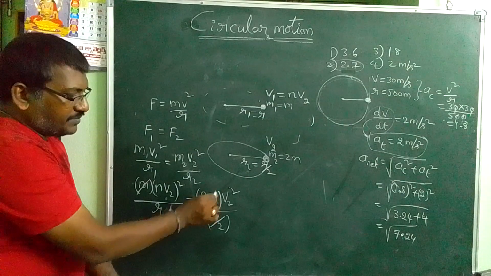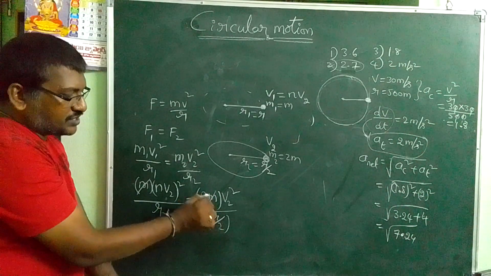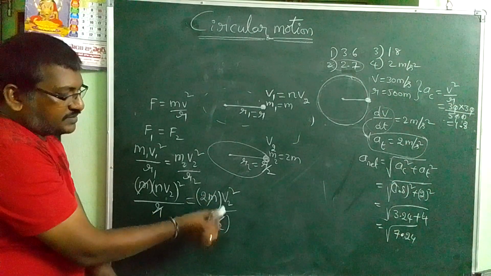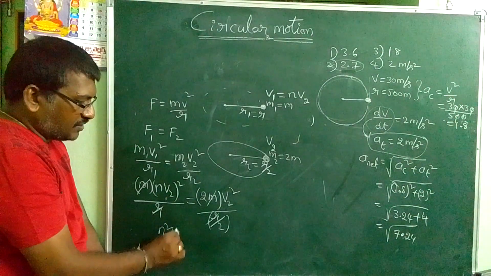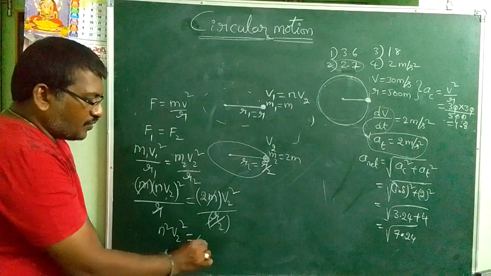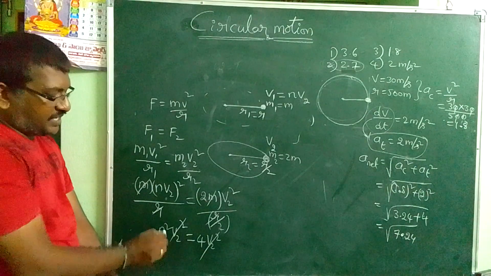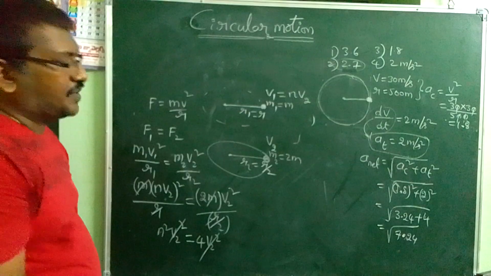So here m cancels, and r cancels, and you get 4. That means you get n square v2 square is equal to 4 v2 square. Here v2 square gets cancelled, n square equal to 4, n is equal to 2. So that is the problem.